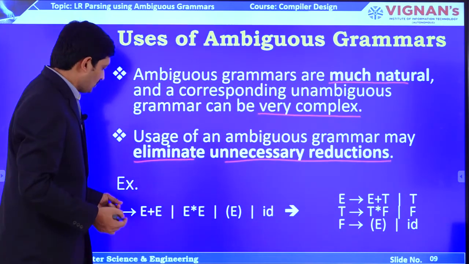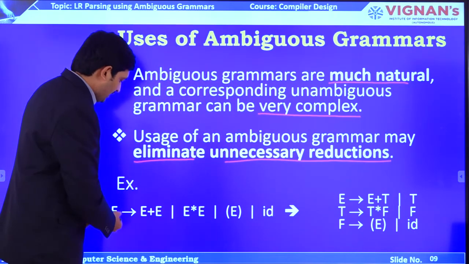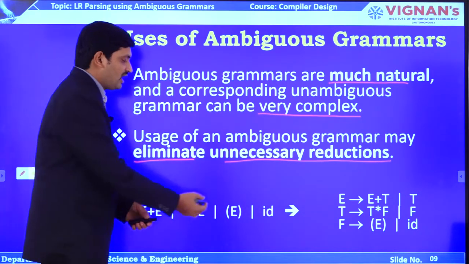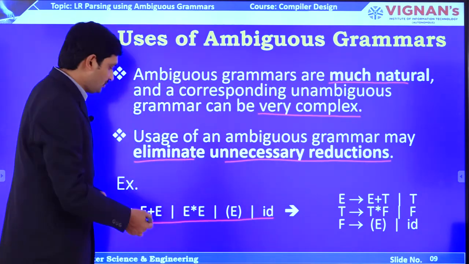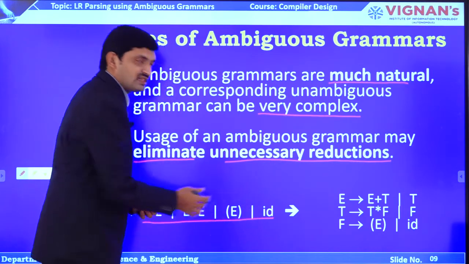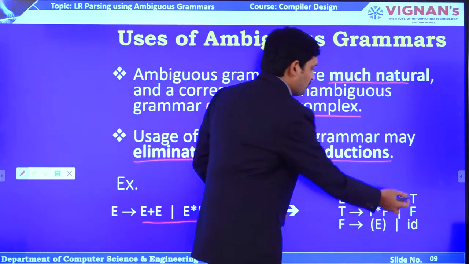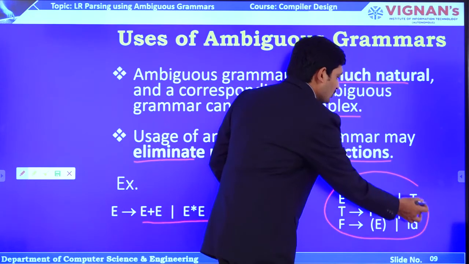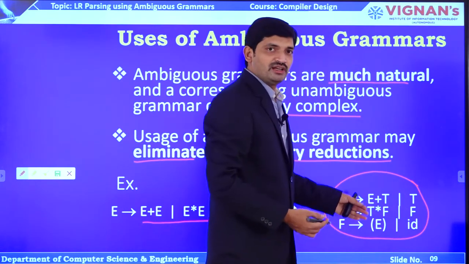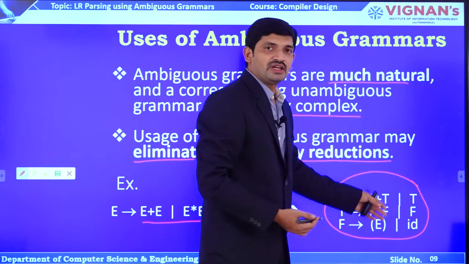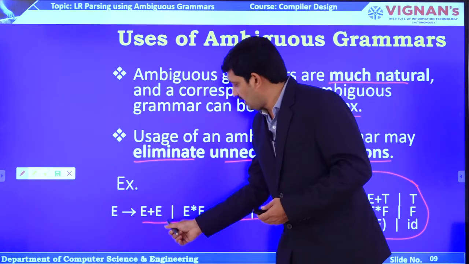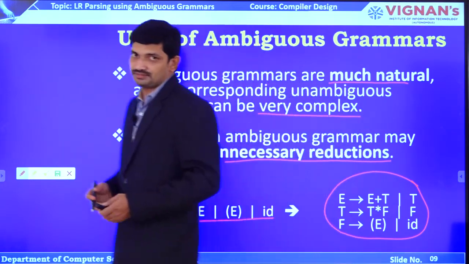Here is an example: E tends to E plus E, E star E, and ID, which is an ambiguous grammar. Now I am going to convert this ambiguous grammar to an unambiguous grammar. Here you may find the total number of productions has increased when compared with the ambiguous grammar.